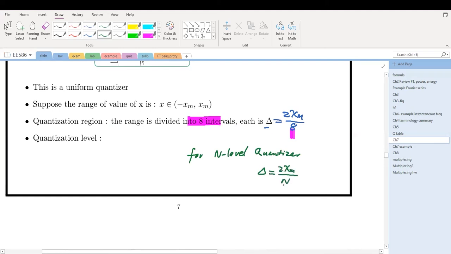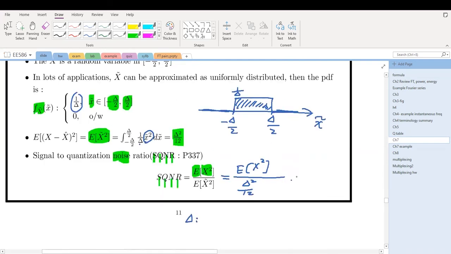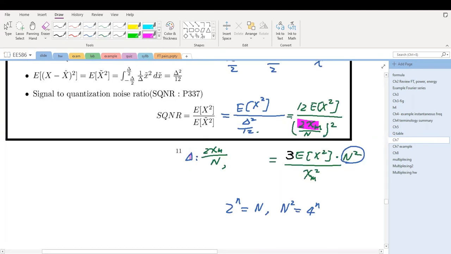This big n is the number of levels in the quantizer. So we plug it in here: theta equals 2xm divided by n. Now we plug the value of theta into theta squared, and 12 is here.